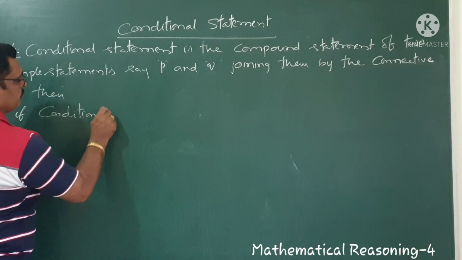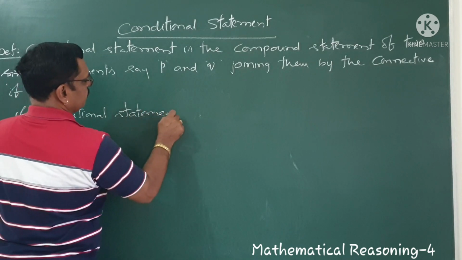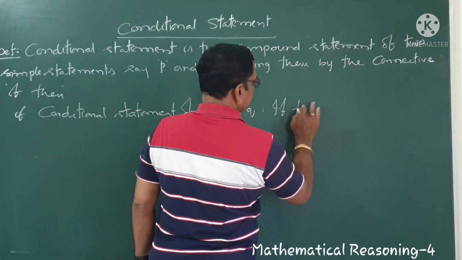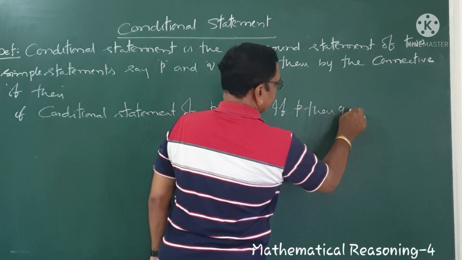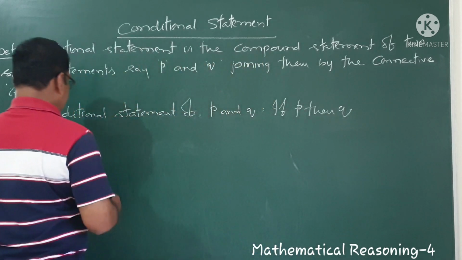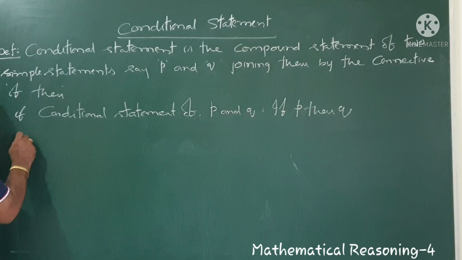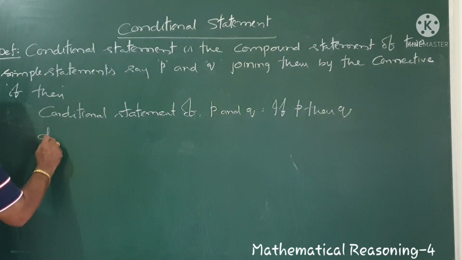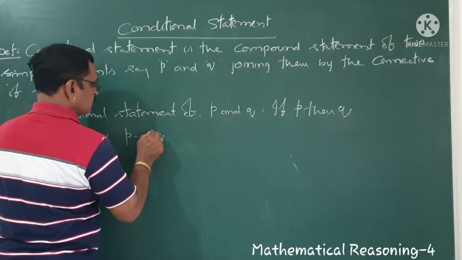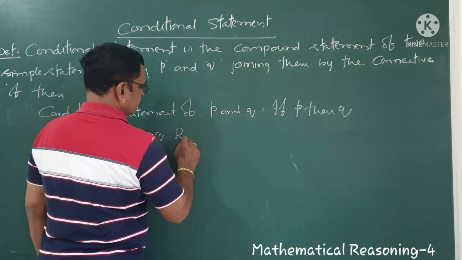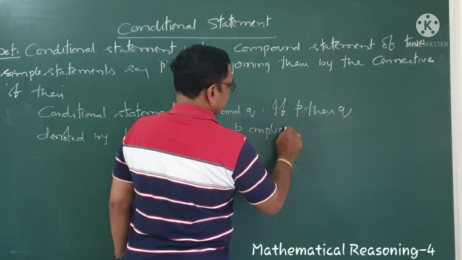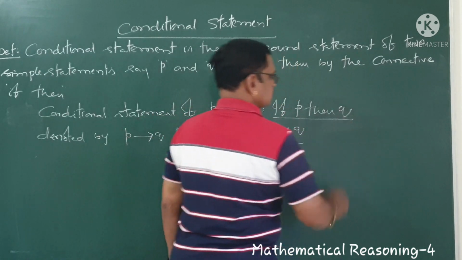So the conditional statement of P and Q is: if P then Q. First we write if, then the first statement, then Q. How do you notate it? It is denoted by P arrow mark Q, and you read it as P implies Q. That's all.